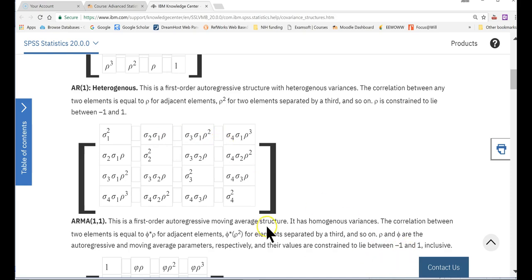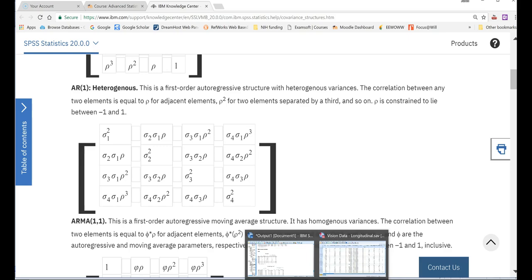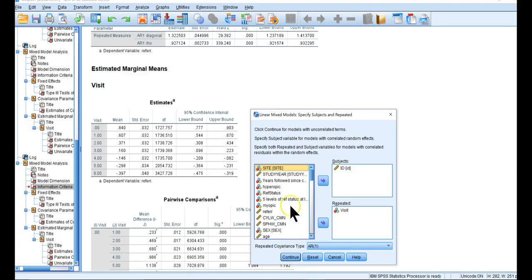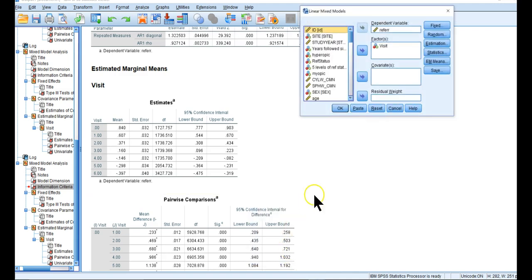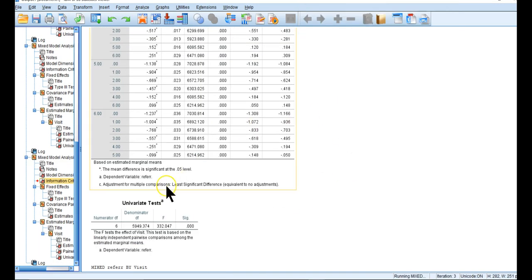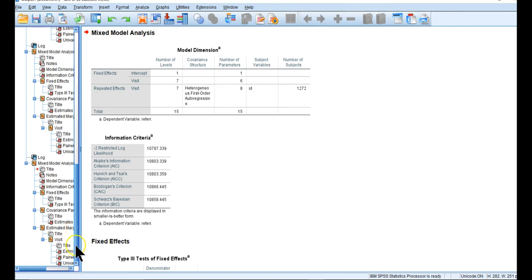And let's go ahead and do that one maybe. AR1 heterogeneous. Let's see if that buys us anything. Notice that little pause, it took a little bit longer. Our repeated effects, now we have 8 parameters. We added a few there.